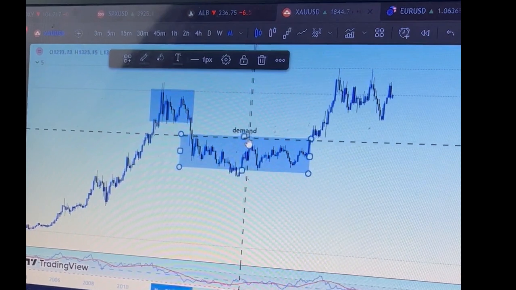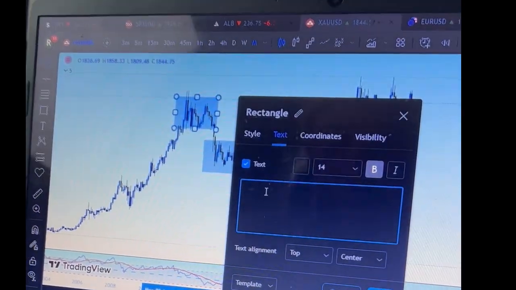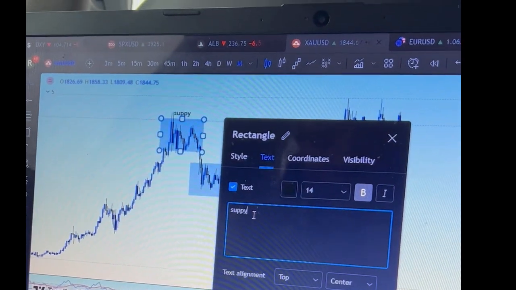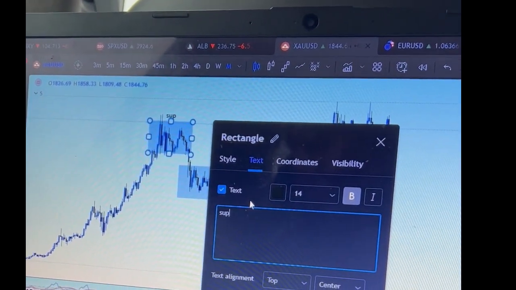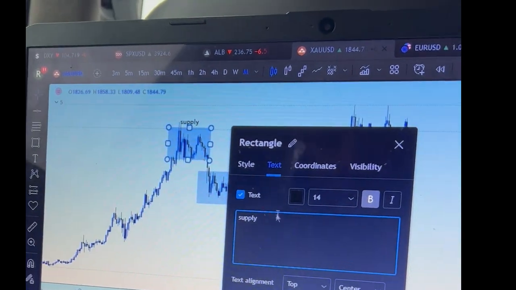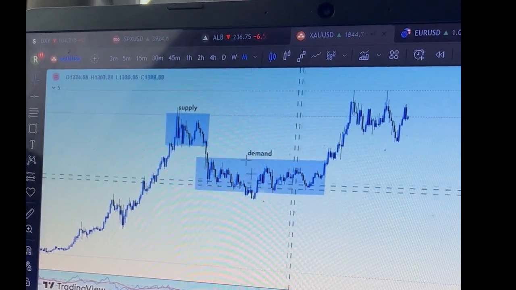This is demand. And up here is supply, because supply is at the top, demand is at the bottom. And this is on the monthly.